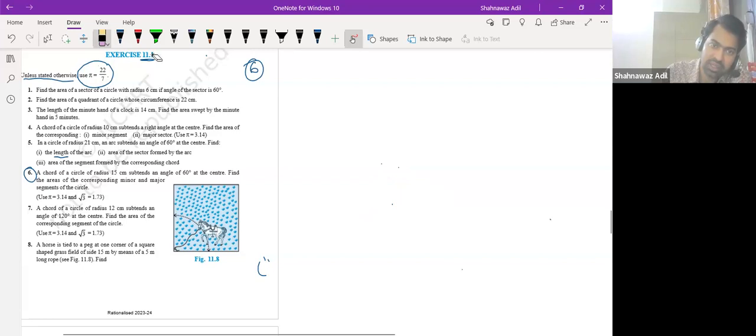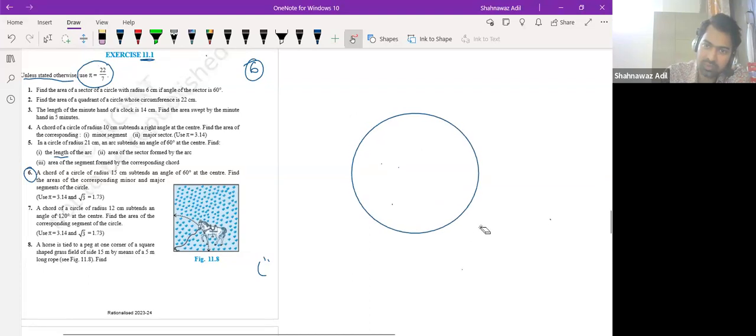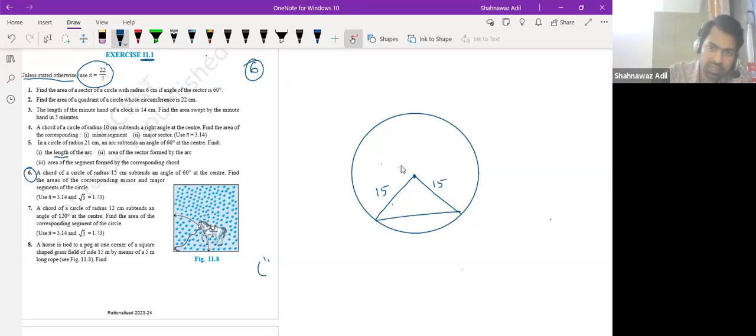Right. It is good to draw this circle. We have a chord of, so this radius is 15 centimeter, and this is the chord, and this angle is 60 degree again.